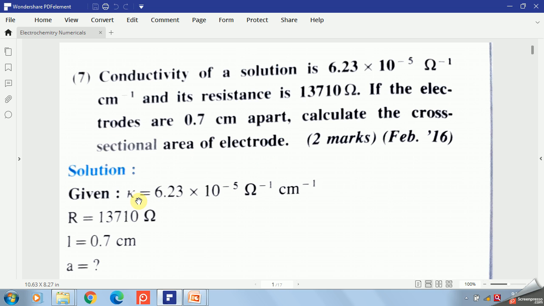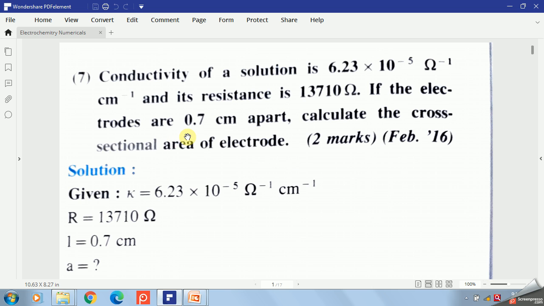So what is the given thing? You must know that, and then you can solve the numericals. Conductivity, denoted by kappa, K, is 6.23 into 10 raised to minus 5 ohm inverse, also called Siemens centimeter inverse. Resistance is given as 13,710 ohm.